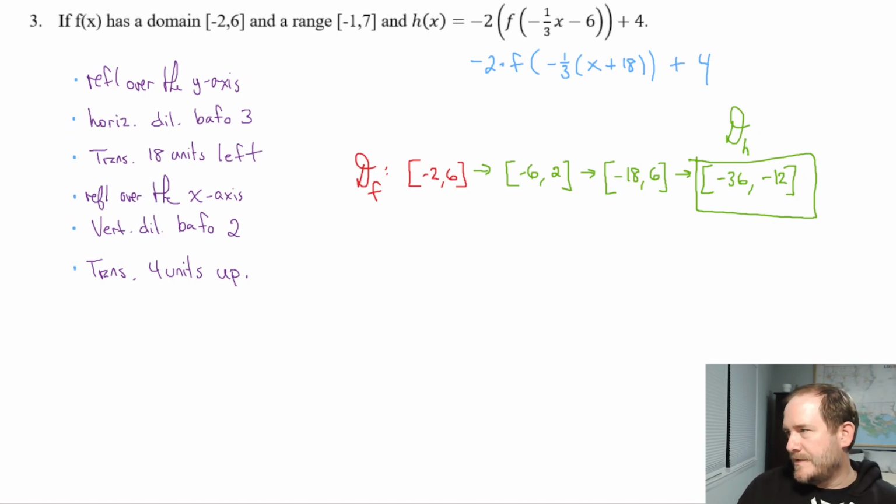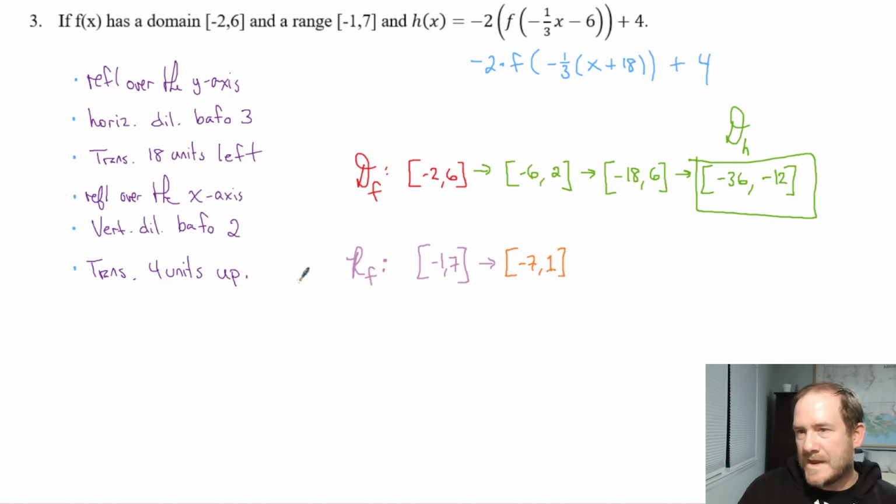And then we can do the same thing for the range. So starting with the range of f, which is given to us to be -1, 7. Then again, we have the reflection happening first, which is going to turn our min into a -7 and our max into a +1. Then we get vertically dilated by a factor of 2, so everybody doubles. -14 to 2.